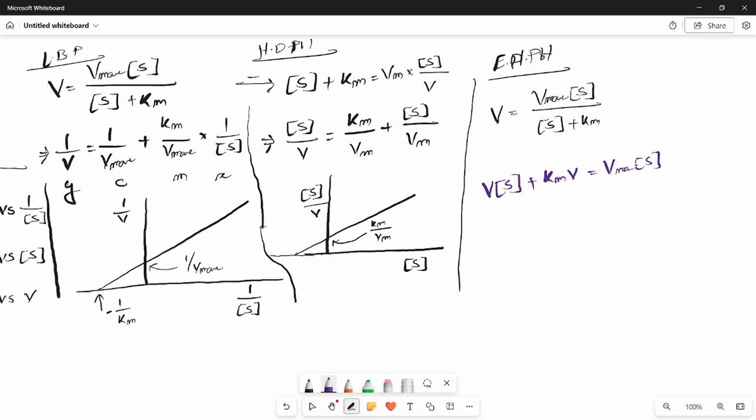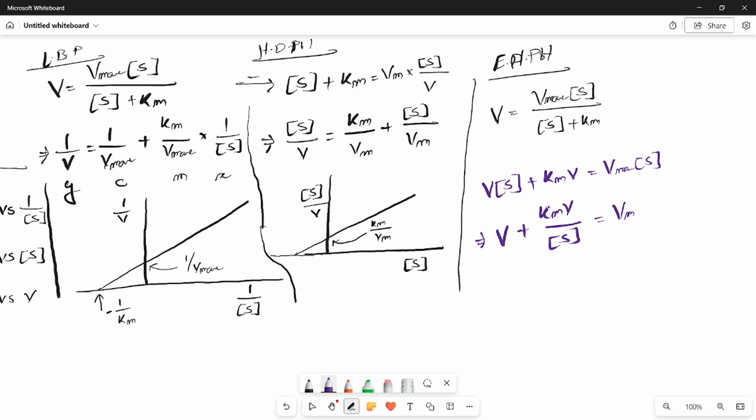We need the equation as V by S versus V. Now keep S on the downside, that is, V plus Km V by S equals Vmax. Am I right? Yes.